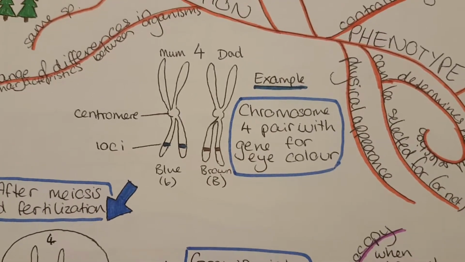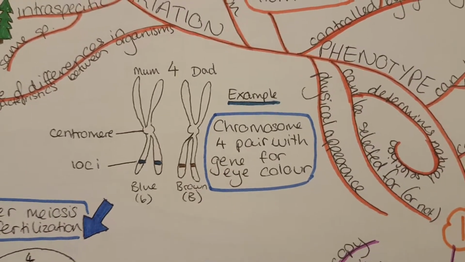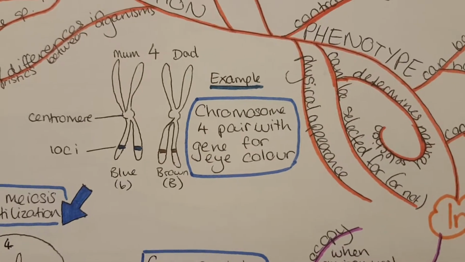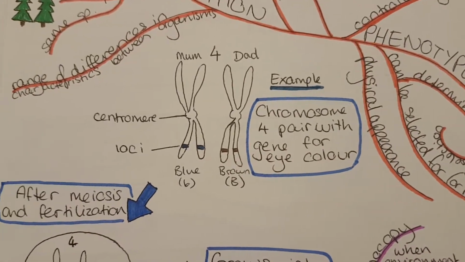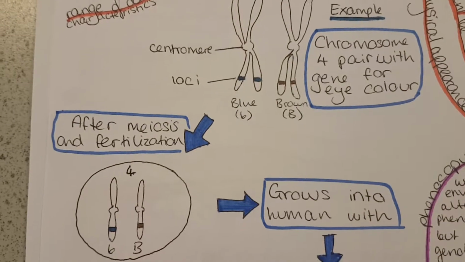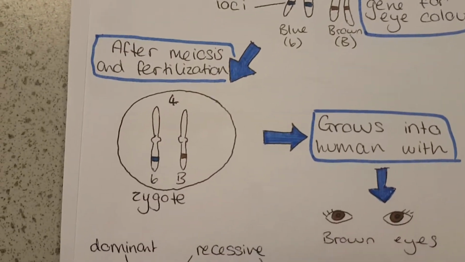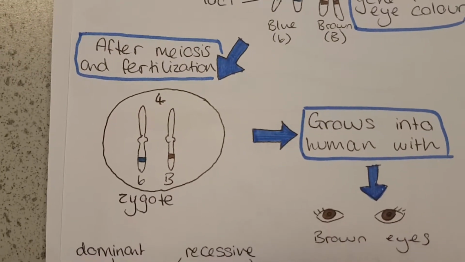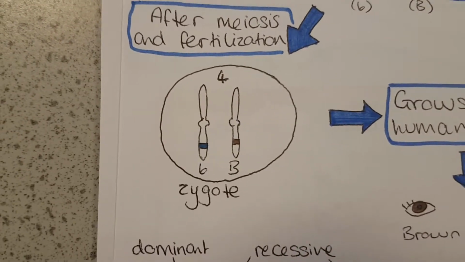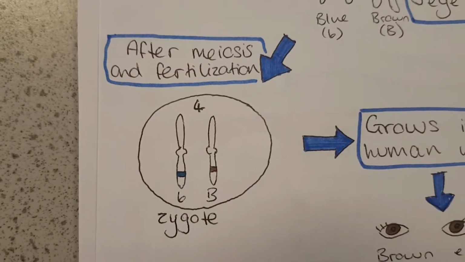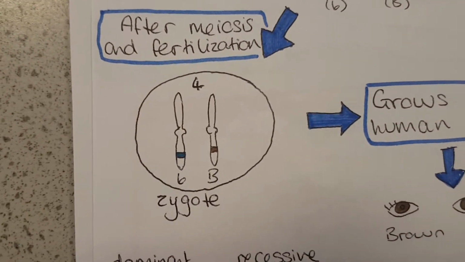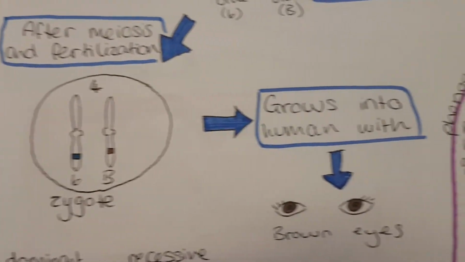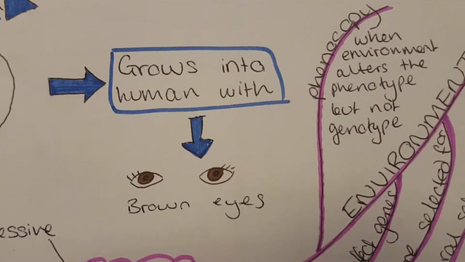When you were fertilized, when you were just a zygote, a sperm and an egg, and then fertilization occurred, you will have got a random mix of these alleles from your parents. So in this case, look, they've inherited one blue allele and one brown allele, but because the brown allele is dominant, you will end up with brown eyes.